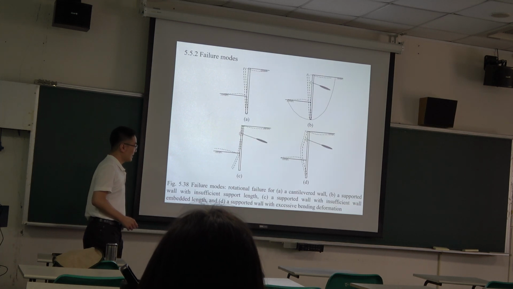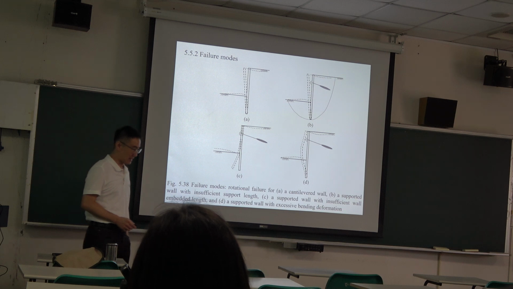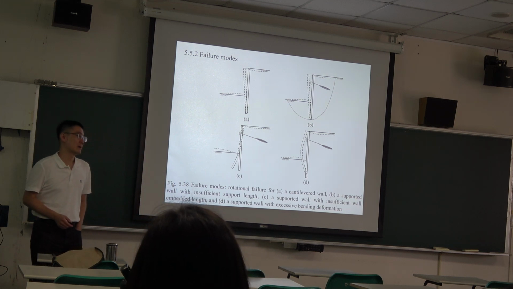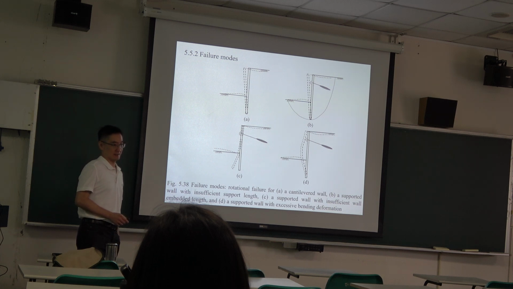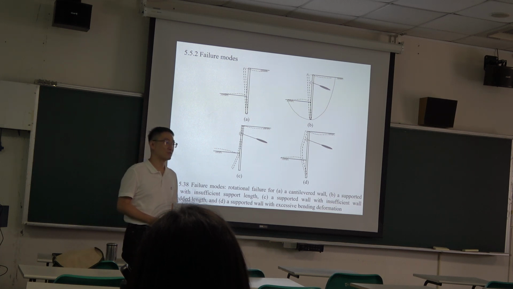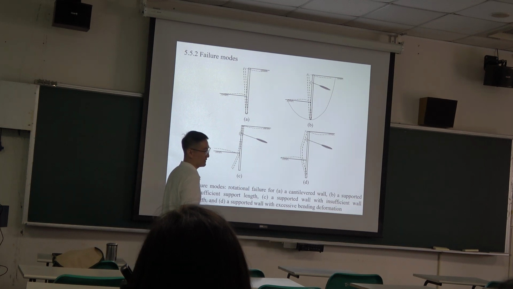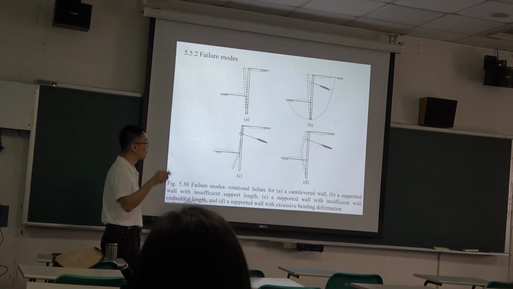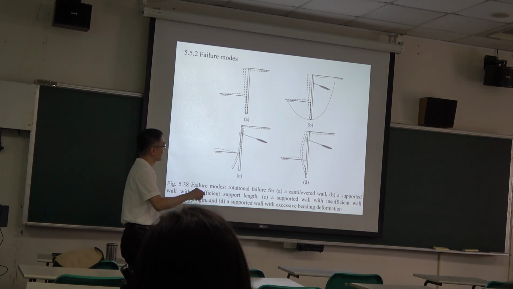Then for this kind of reinforcement, the same. For our analysis, we still need to know the potential failure mechanism, and then by assuming a reasonable failure mechanism, which means failure mode, and then derive the solution.